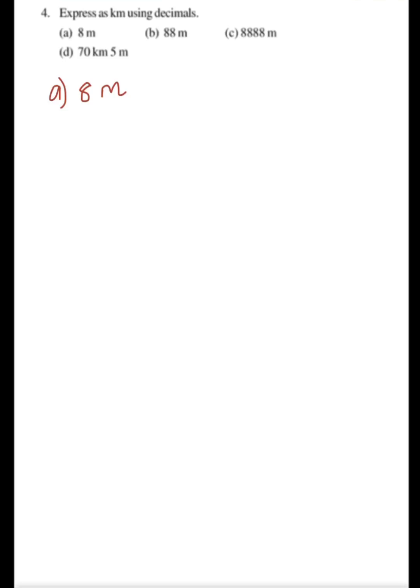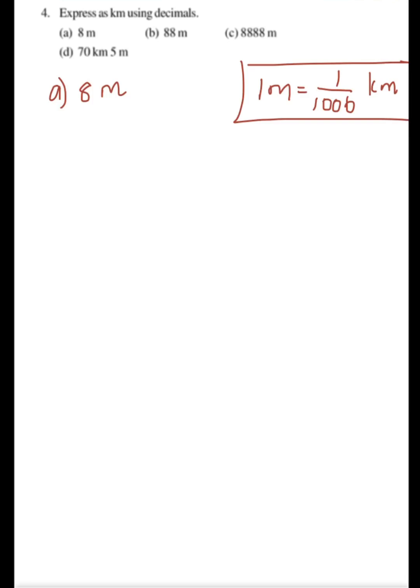So you know that 1 meter is equal to 1 by 1000 kilometer. This is the relation that you are using here. So first question is 8 meter. So in order to convert it into kilometer, you have to divide it with 1000, so that it will get converted to kilometer.